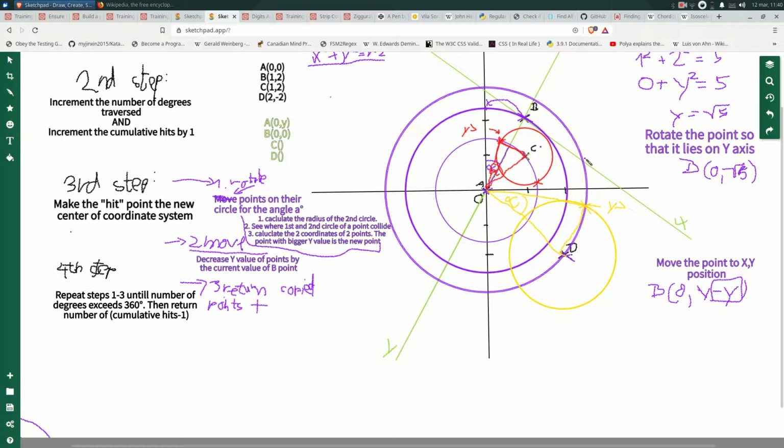Is that true? If P is over there and it's under, yeah, so C. Should it really be rotated even?